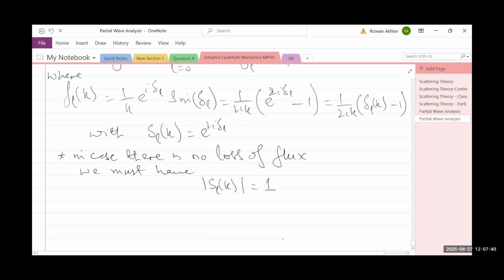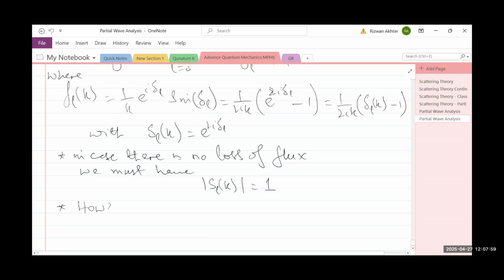But if there is a loss, such as for example absorption of the incident beam, then this S_L of k we have to write again. We need to redefine this term, that is the scattering matrix.